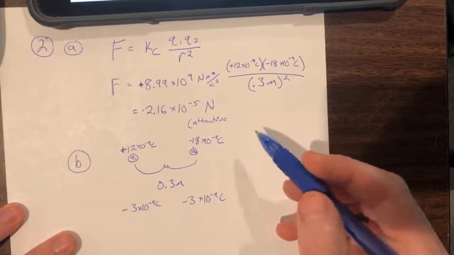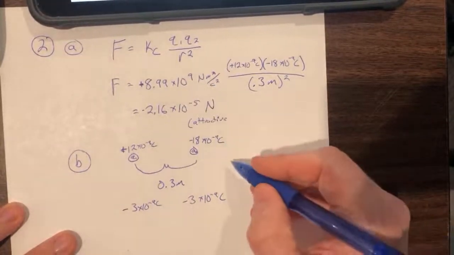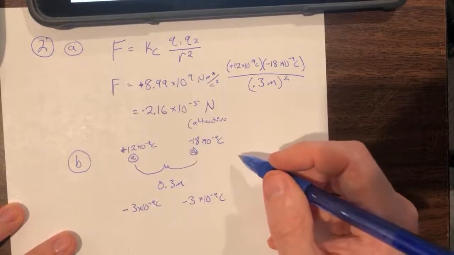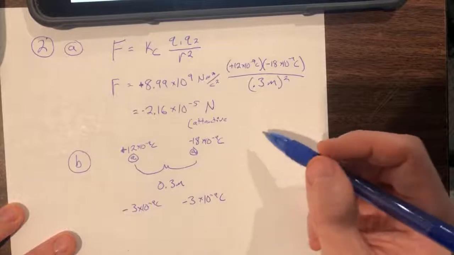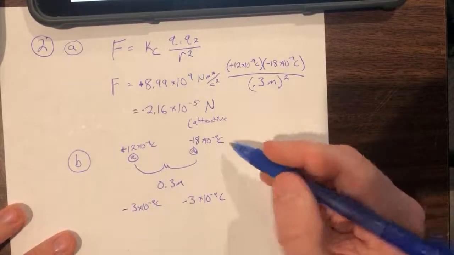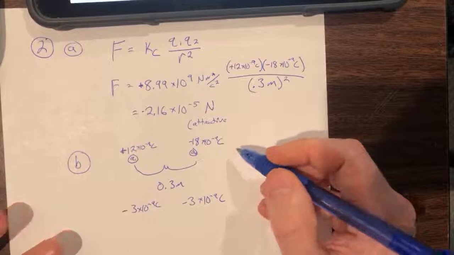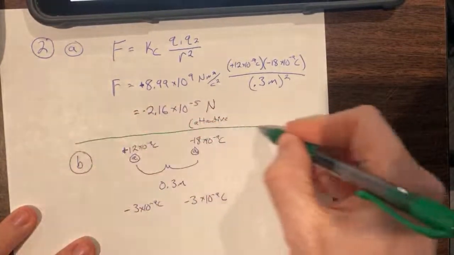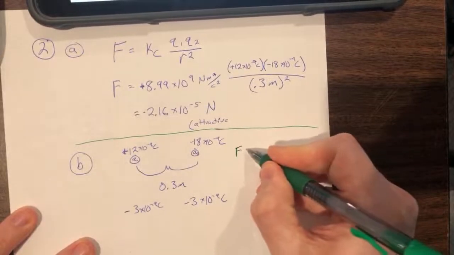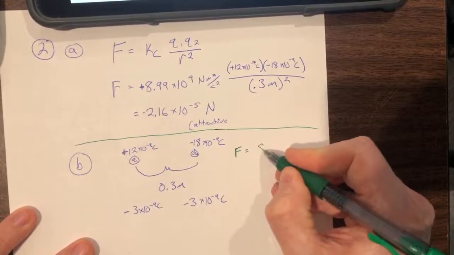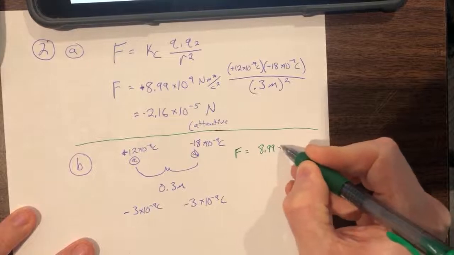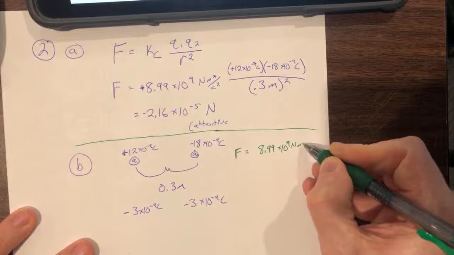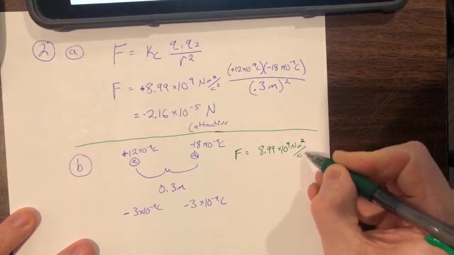All right, so in this case, it's still going to be the same equation. How do we get this in a calculator? I'll show you how we do it again for this problem. So our force in this case, and let's use a different color, is still going to be equal to 8.99 times 10 to the ninth newtons meters squared per coulomb squared.